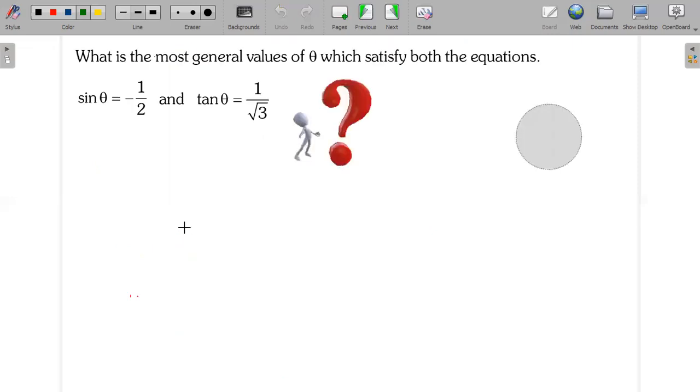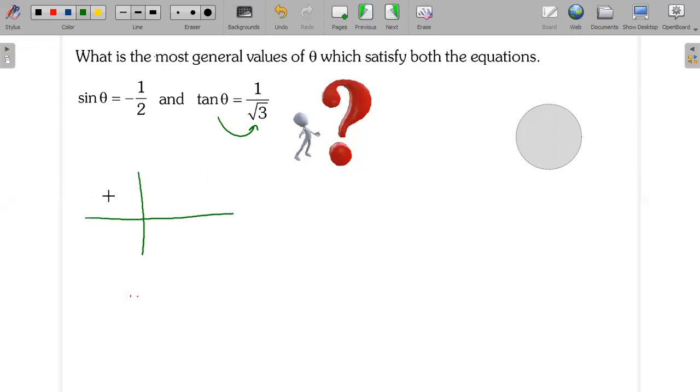Now we have another challenging problem. This time more than one trigonometric function is participating separately. We need to check first of all whether it is possible for some particular value of theta for which sine will give you negative 1 by 2 and tan will give you 1 by root 3. For that, I need to check the quadrant first, the availability of the quadrant.